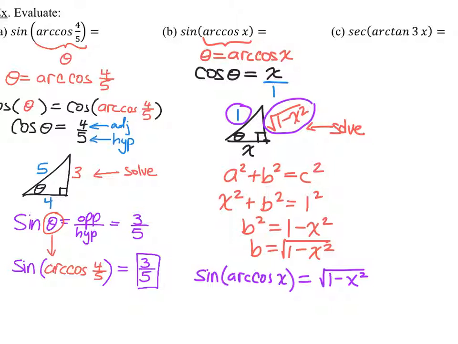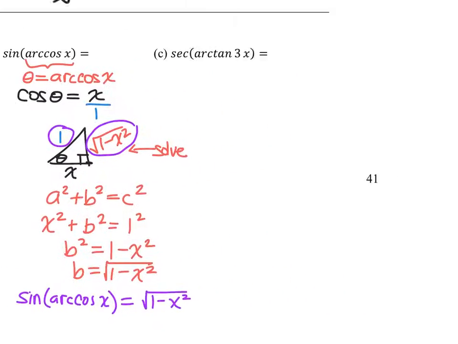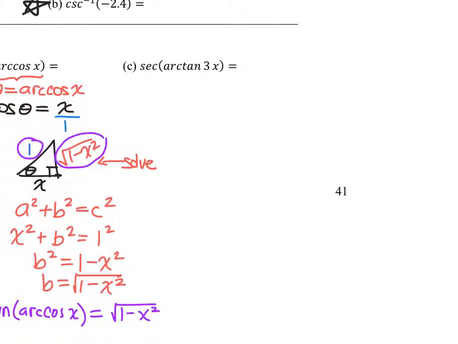All right. So part C is along the same lines, except it involves a tangent. Normally I'd throw a star on it, but I think it's different enough that it's worth looking at together. So theta is equal to the arctan of 3x. If I take the tangent of both sides, I get tan of theta is equal to just 3x.